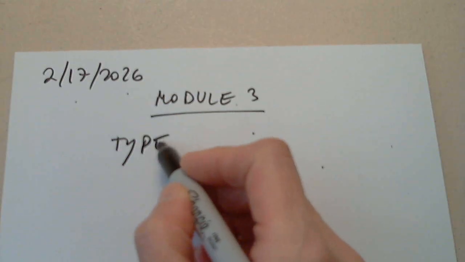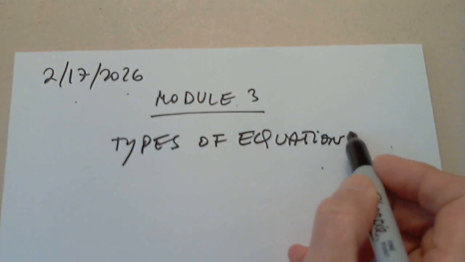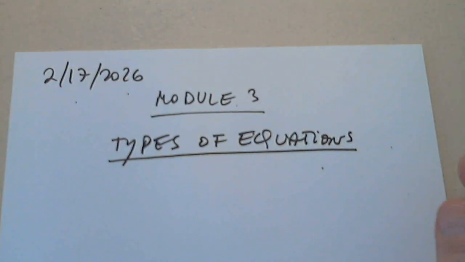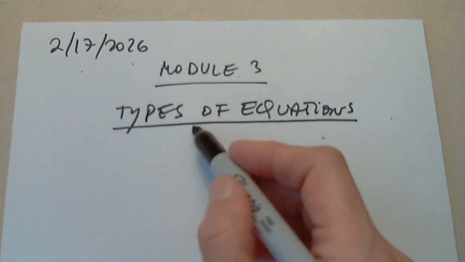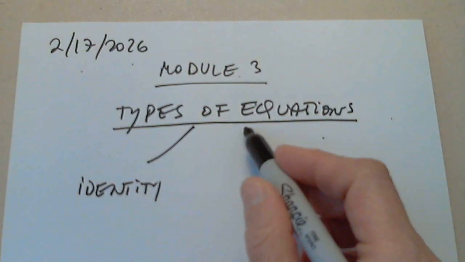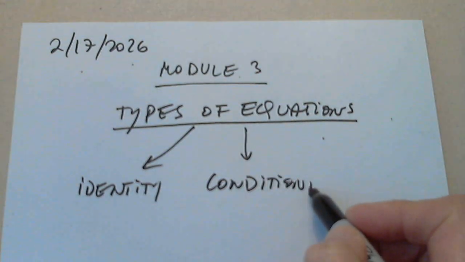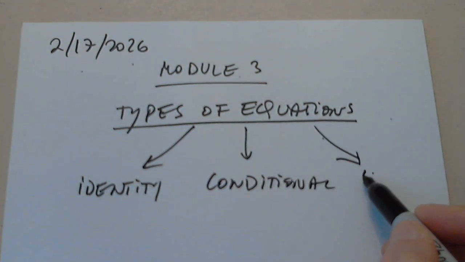Okay, so I want to talk about types of equations. There are many, many types, but what I'm referring to right now here is identity, conditional, and contradiction.